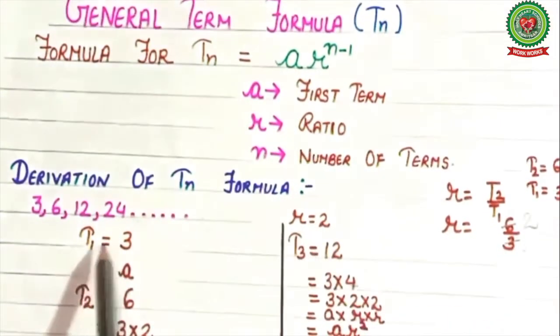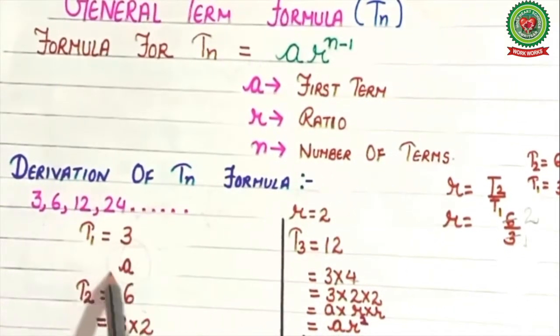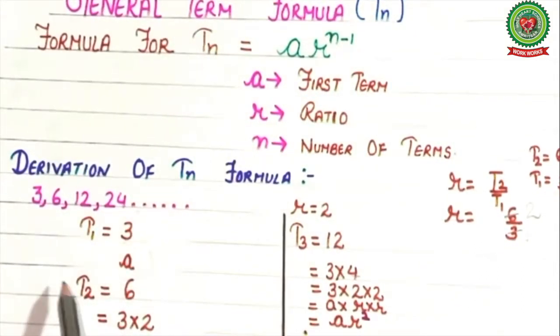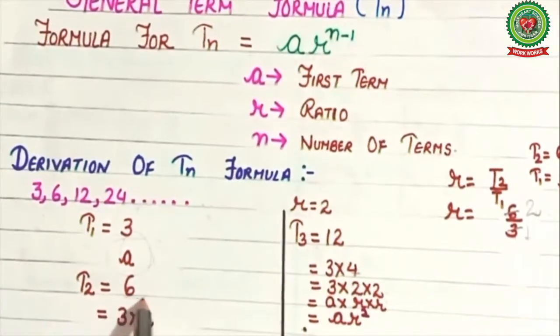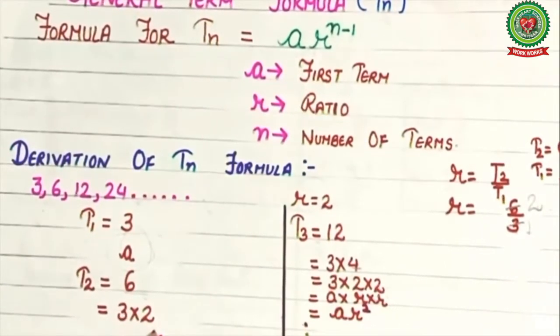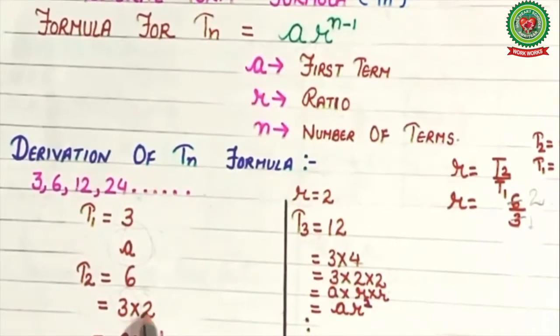Now, students, the first term is also denoted with A. So, the first term is equal to 3 and the second term is equal to 6. Now break 6, that is 3 into 2. Now what is 3? 3 is A. And what is 2?